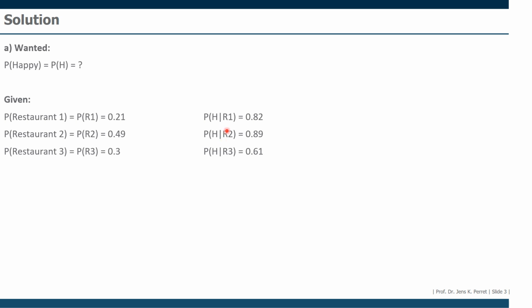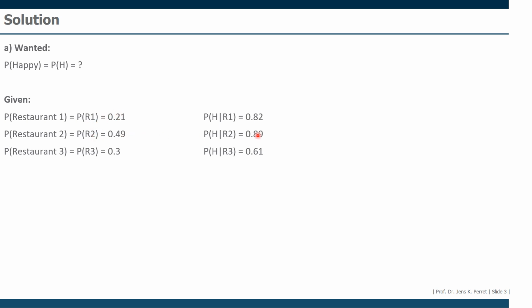Well, how do we go about this? We go about this like calculating a weighted average, with these values being the weights. Since they add up to 100%, that's actually pretty neat. So what we're going to do in this case is simply multiply the conditional probability, happiness conditioned on restaurant 1, with the probability of eating in restaurant 1.